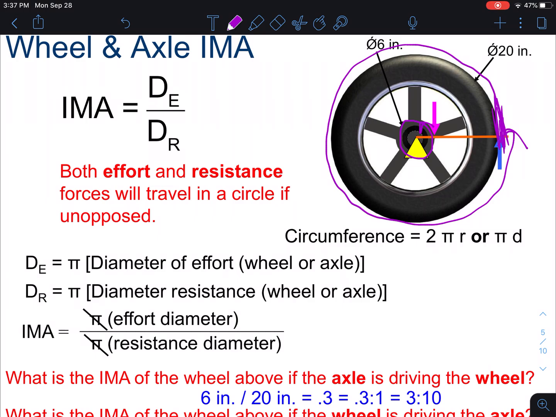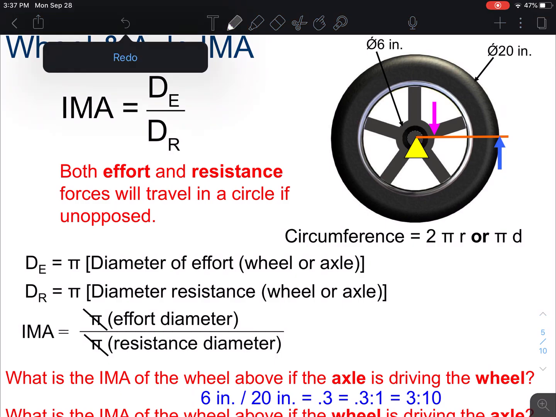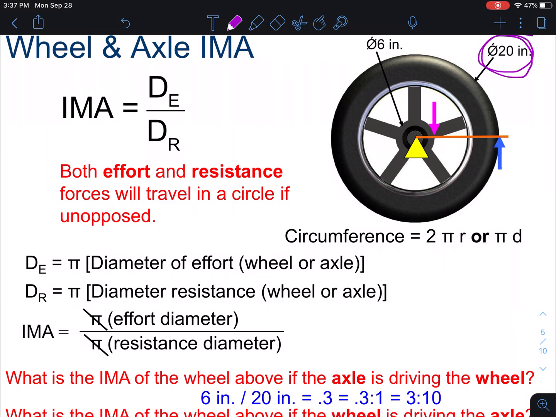And for this example, the effort distance is right here. Okay, up in the right hand corner, you can see that's this distance from here to here. That is our effort distance.